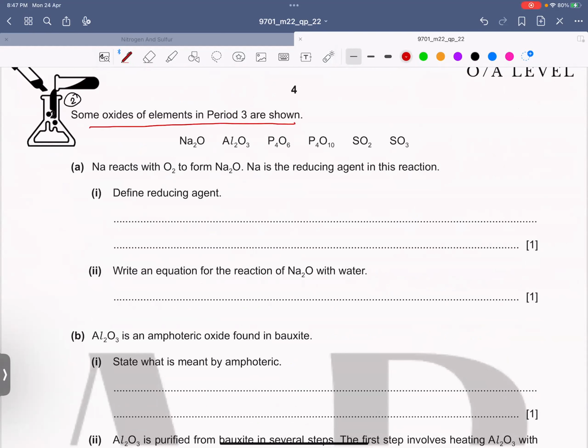Some oxides of elements in period 3 are shown. We have sodium oxide, aluminum oxide, phosphorus oxides. There are 2 phosphorus oxides and 2 sulfur oxides. Sodium reacts with oxygen to form Na2O. Na is the reducing agent in this reaction.